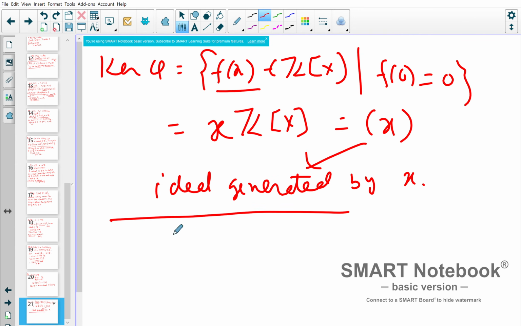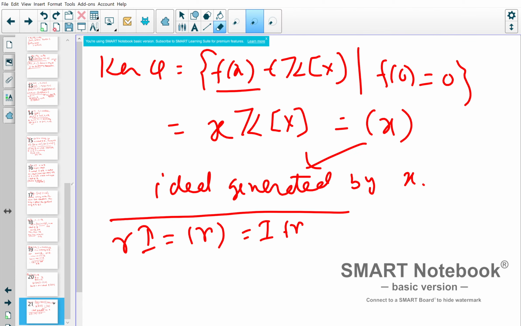Similarly, when we define r times I, you can also write that down by this symbol. They are called the ideal generated by that element. Clear? So here the kernel is an ideal generated by a single element x.